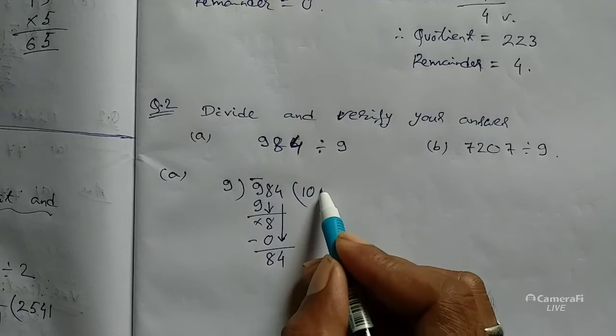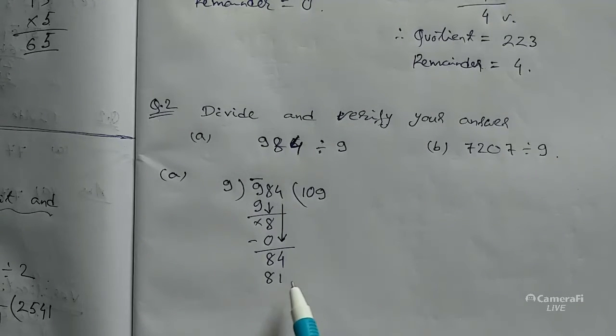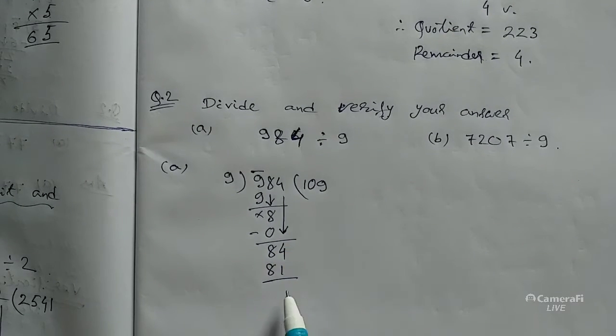So 9 9 is 81 we should take. Now 4 minus 1 is 3 and 3 is the remainder.